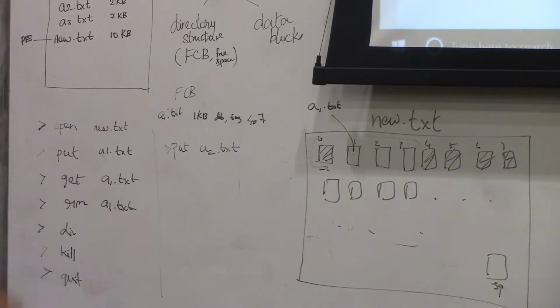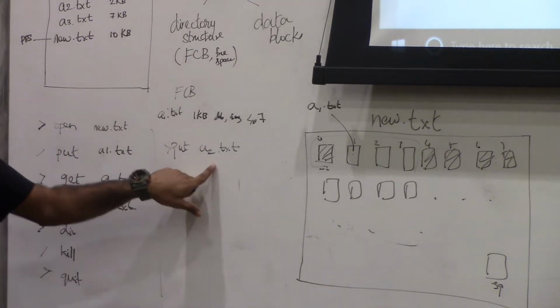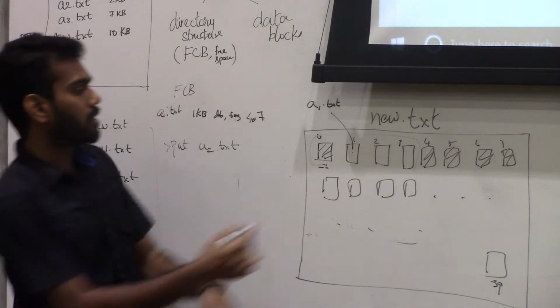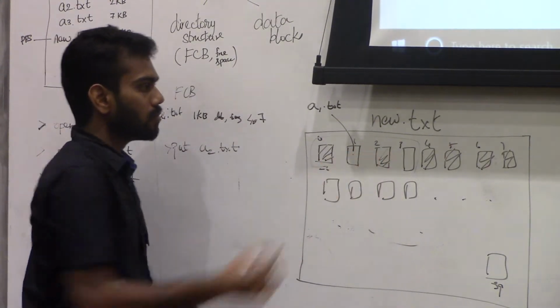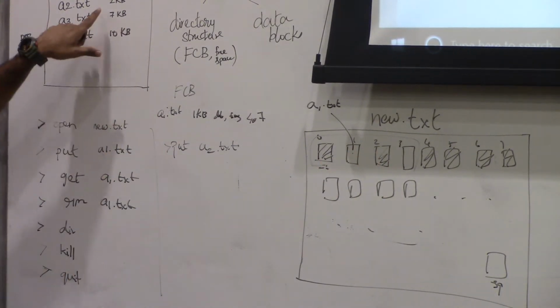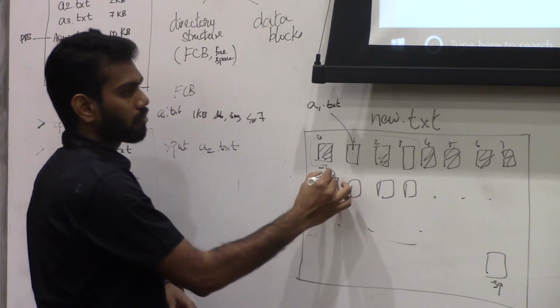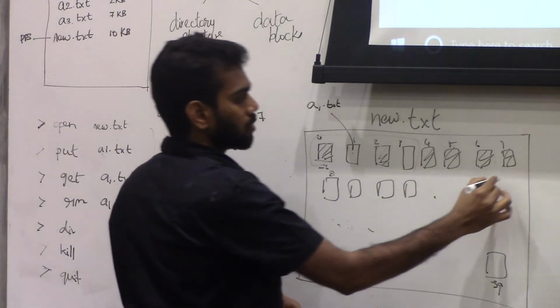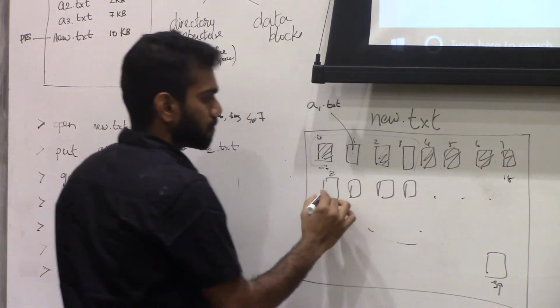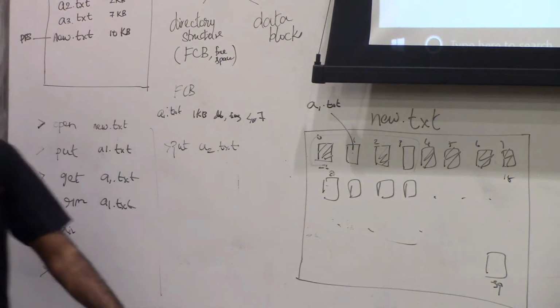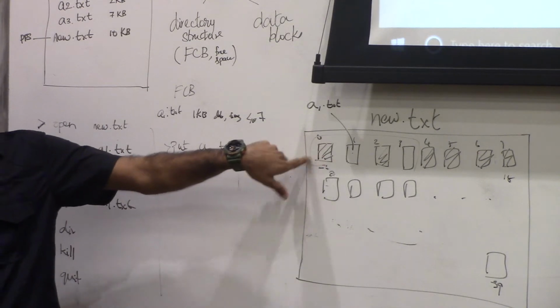Yes, what she said is correct. I will first update the information of the FCB, and since it's 2 KB, it will require 8 blocks of memory, starting from 8 to 15. Then you will update your free space block.